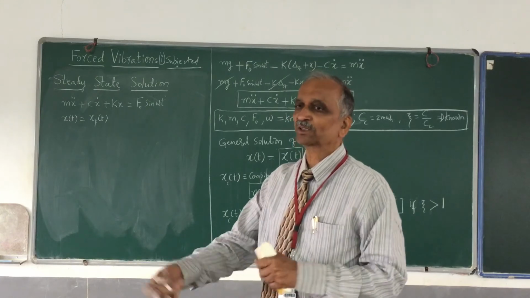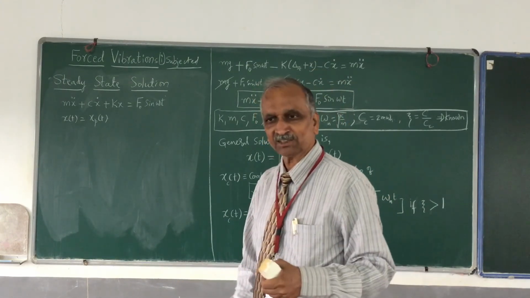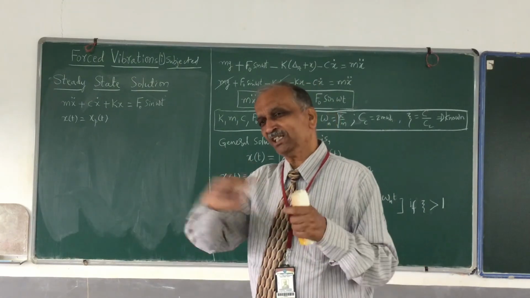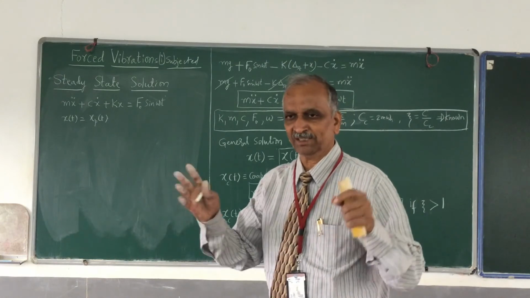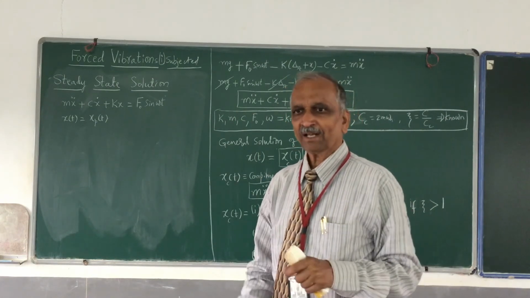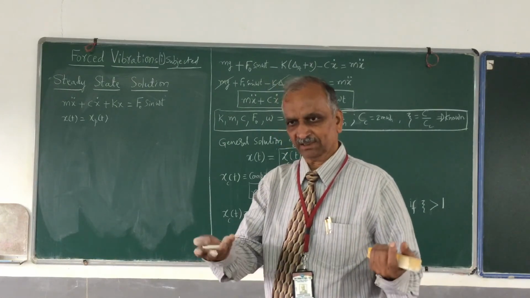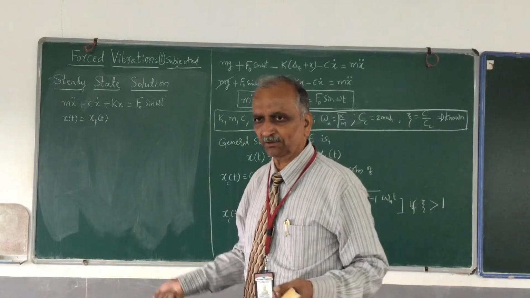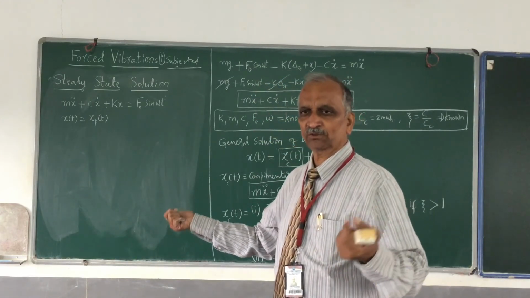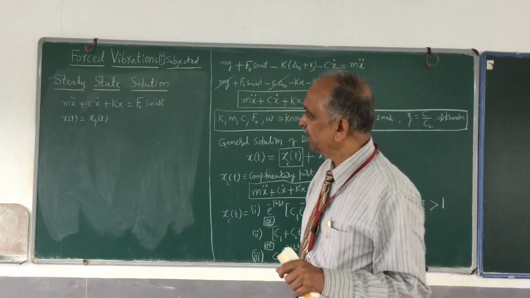We go for what is called a graphical solution, but you don't have to use any drawing instruments, nothing, that is not required. We are going to have a very simple diagram, and making use of trigonometry or graphical relationships, Pythagoras theorem, etc., I can straight away write down the amplitude, phase difference, whatever the unknown things.